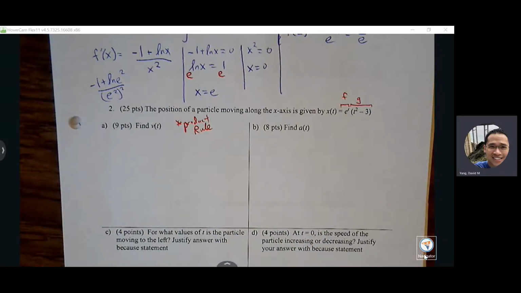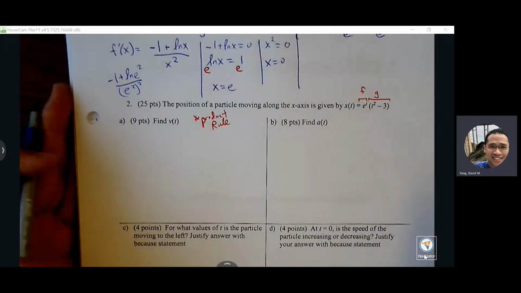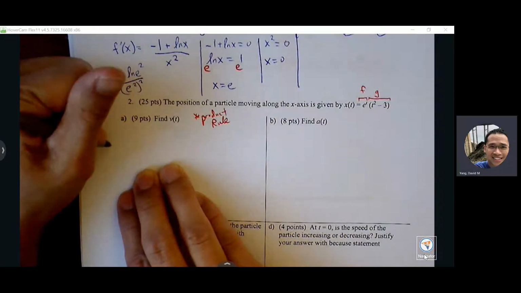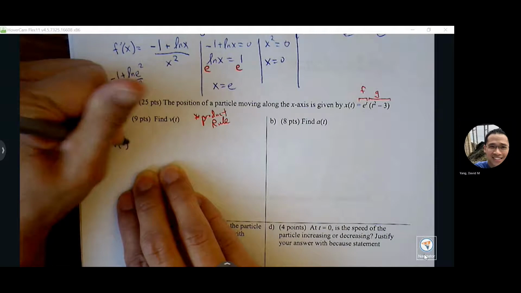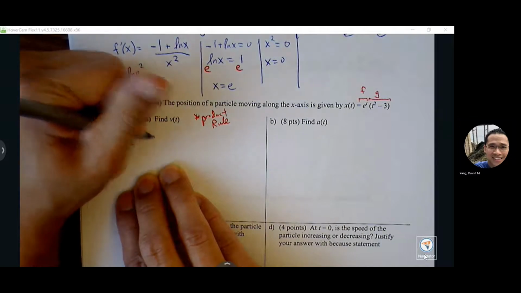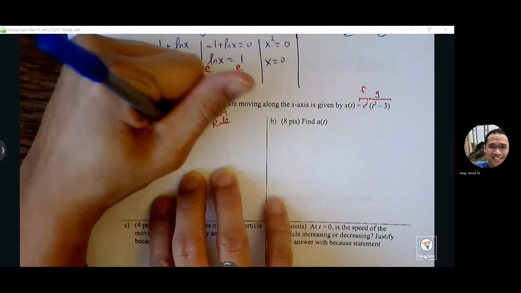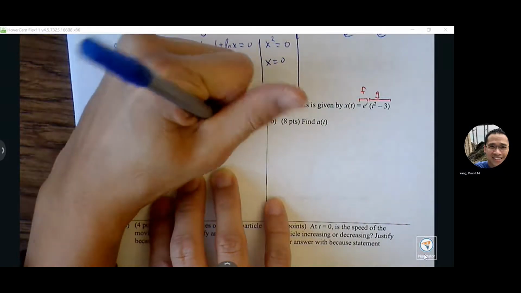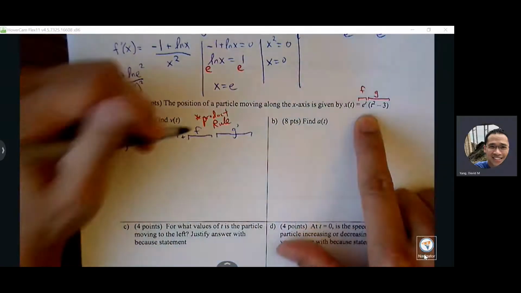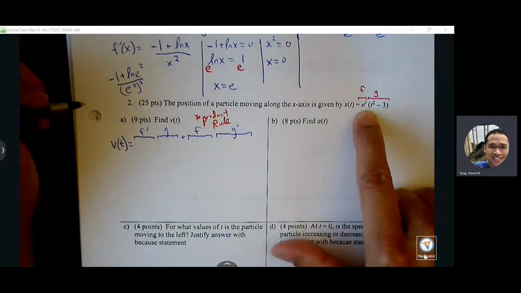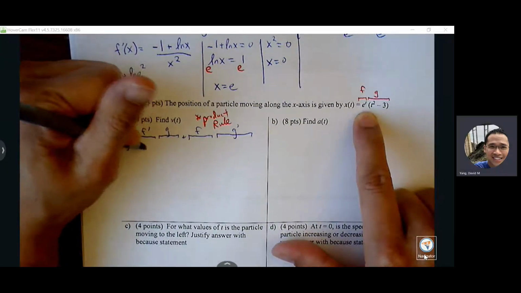F prime g plus f g prime. Okay, e to the t becomes just e to the t times 1.